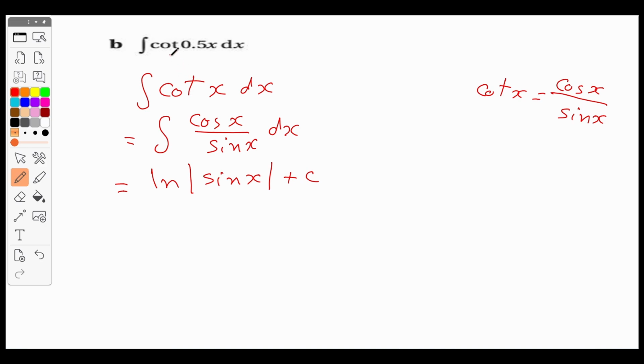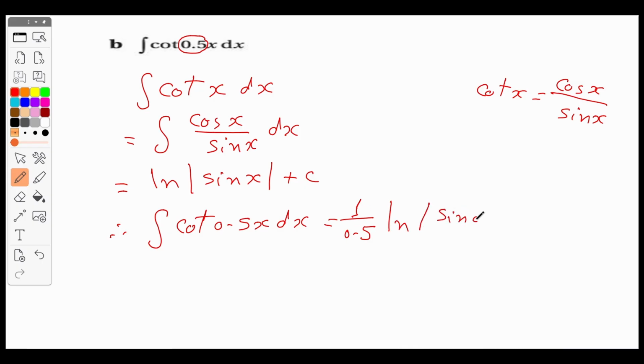What about the integral of cotangent 0.5x? So as we did in the previous question, you should divide by 0.5. So we say the integral of cotangent 0.5x dx is equal to, just divide by 0.5, ln of the modulus of sine 0.5x plus c.